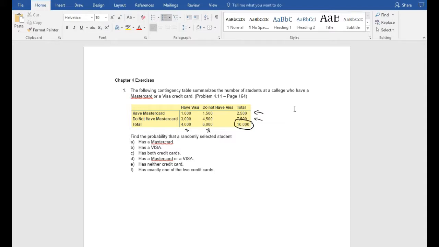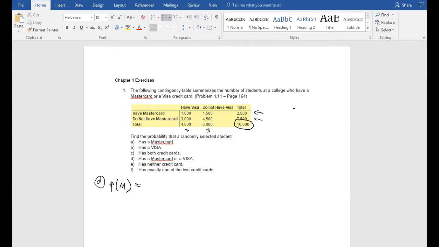If we wanted to know the probability that a student has a MasterCard, we would write it as the probability of M, or the probability of MasterCard. That's just going to be equal to the number of students who have a MasterCard over the number of students possible.